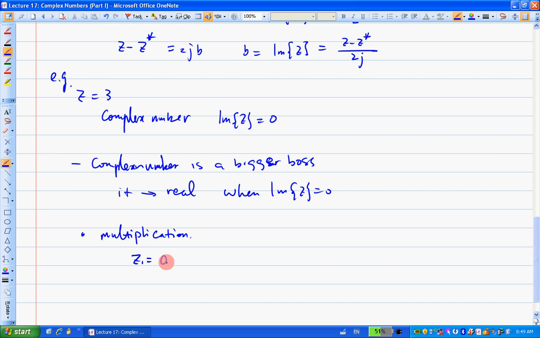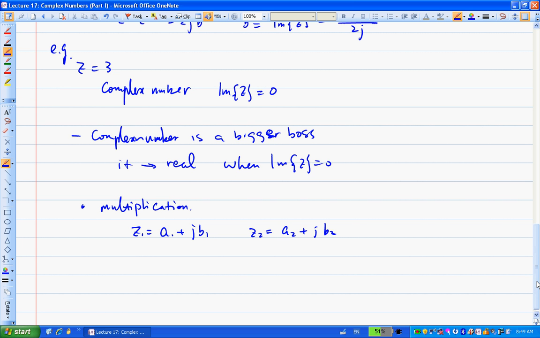We have Z1 equals A1 plus jB1, Z2 equals A2 plus jB2. Now we carry out Z1 multiplied by Z2, which is this complex number multiplied by this complex number.